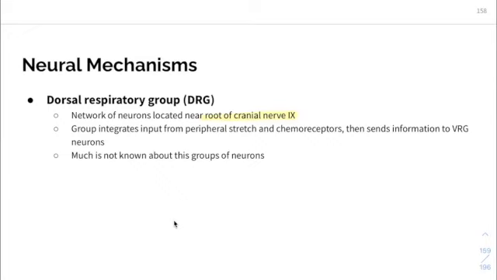So again, these neurons communicate with each other. That's about all we know about the dorsal respiratory group, though. They're always doing research, learning new things, but there's still not a lot known about this dorsal respiratory group.